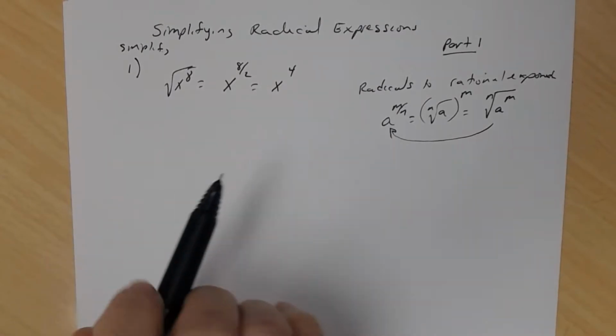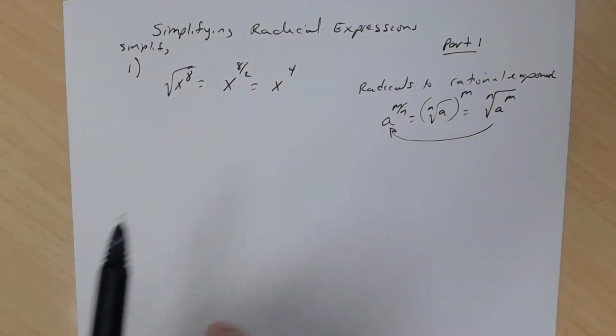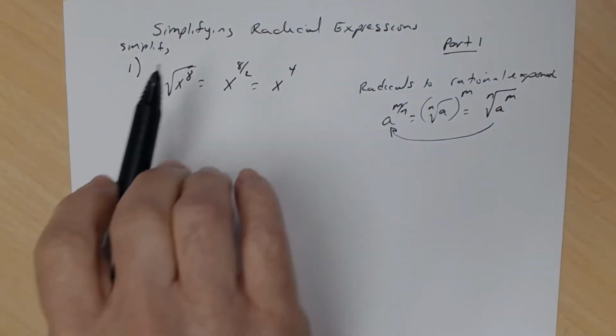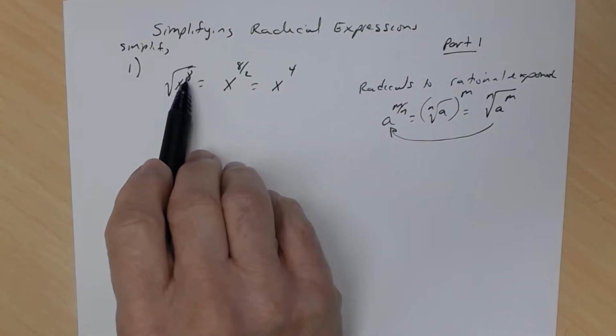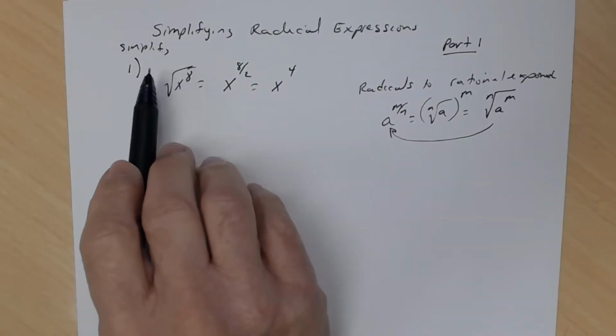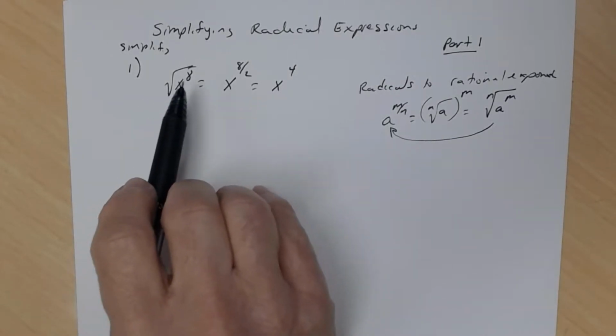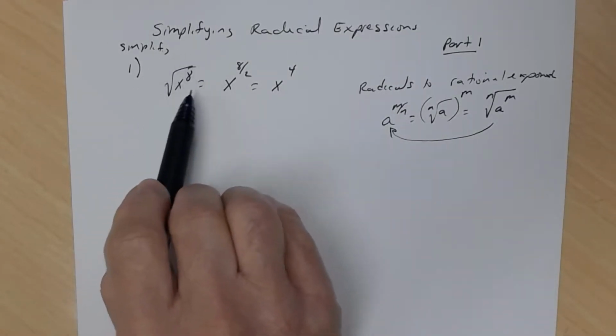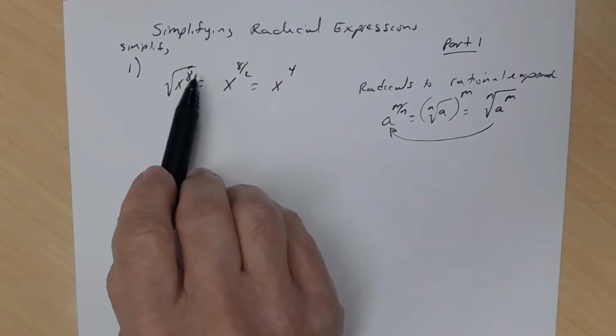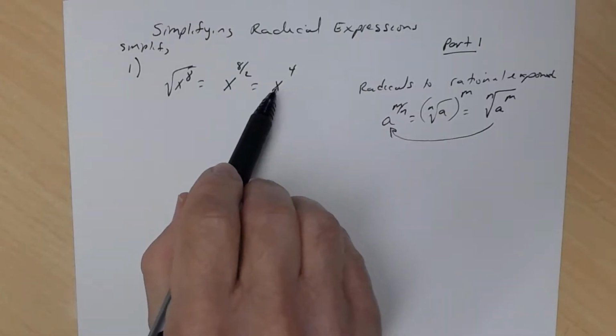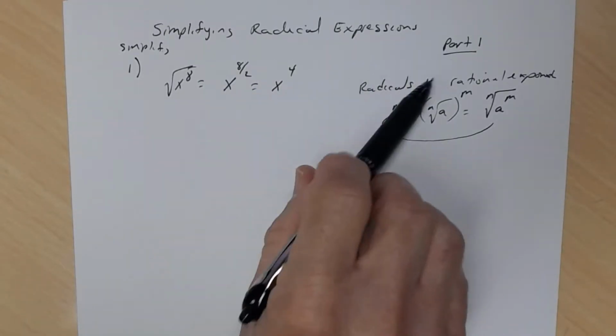Now, this is called part one because when we do these problems, you're going to notice that the exponent will be divisible by the index. Notice that I started out with an expression involving radicals and ended up with an expression that doesn't have any radicals at all. That's part one.